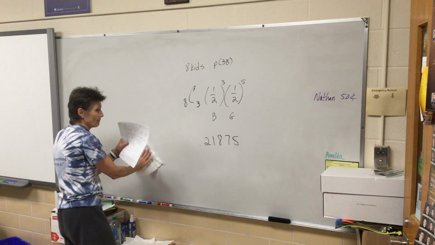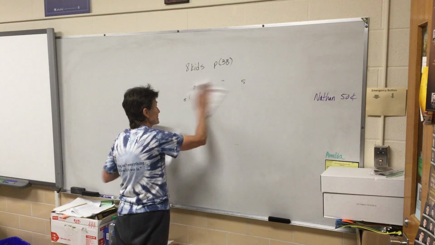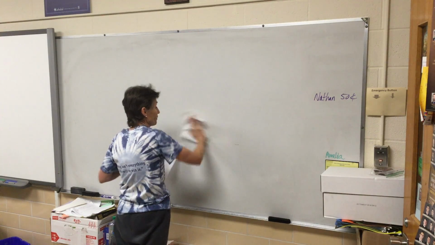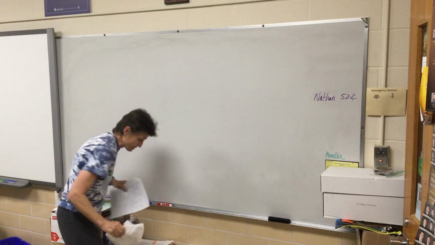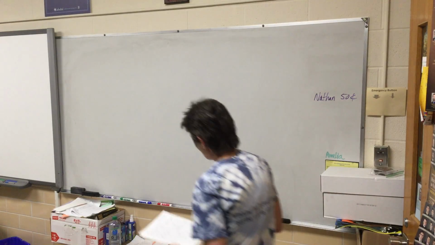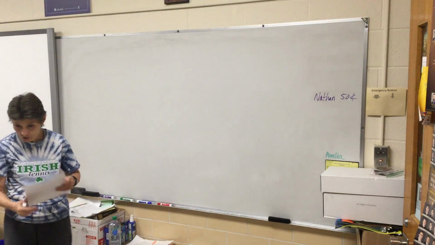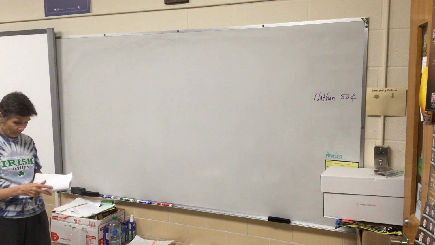We are now on the first review sheet, not the one that says number 2, but the other one. Who found something that you want to look at again? Shout it out, please.